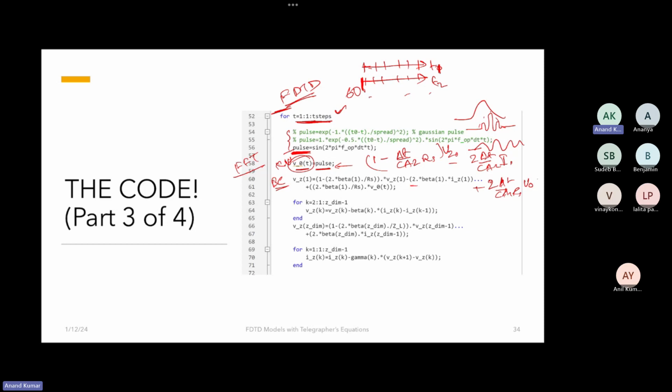There might be some errors in the way I'm writing the expression, but the first boundary condition that we have written is over here.